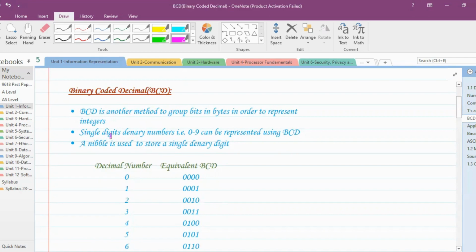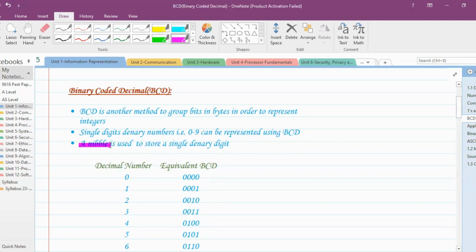Now, in BCD, we have only single digit denary numbers that we can represent, from 0 to 9. We only have equivalent values for 0 to 9, nothing beyond 9. So only single digit denary numbers, that is 0, 1, 2, 3, 4, 5, 6, 7, 8, and 9, can be represented using BCD.